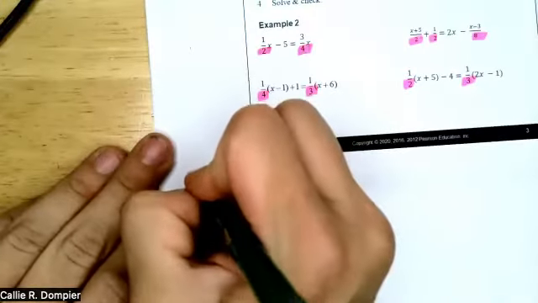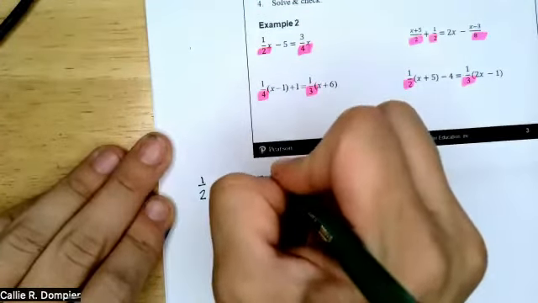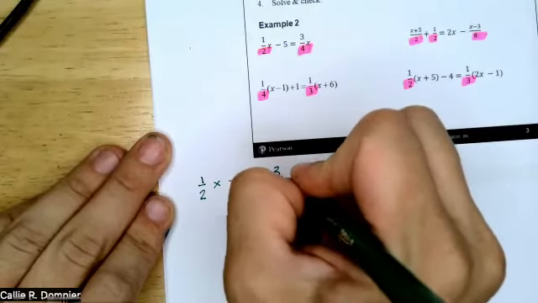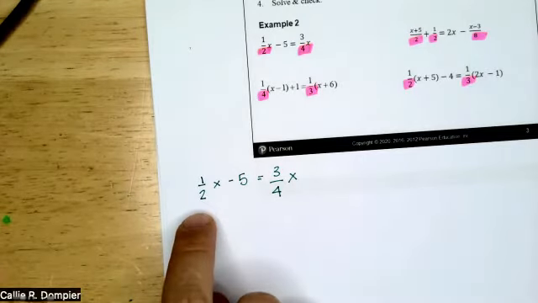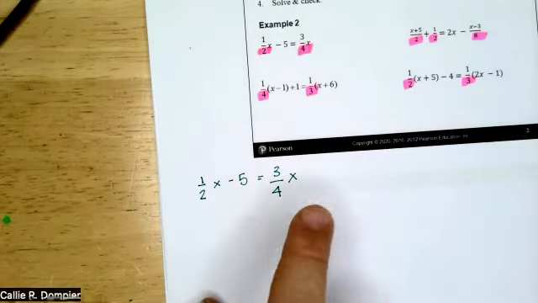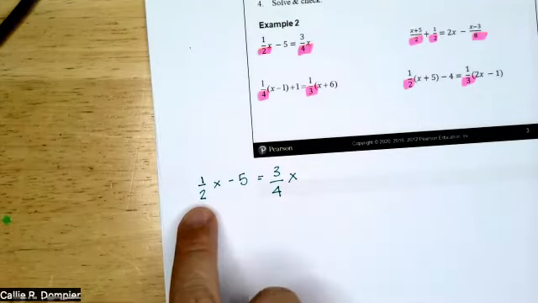So here we have 1/2 x minus 5 is equal to 3/4 x. My least common denominator, a number they will divide into evenly. So I can take the number 4, right? 4 divided by 4 is 1, and 4 divided by 2 is 2.